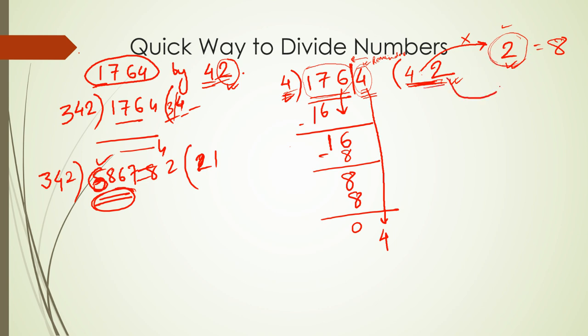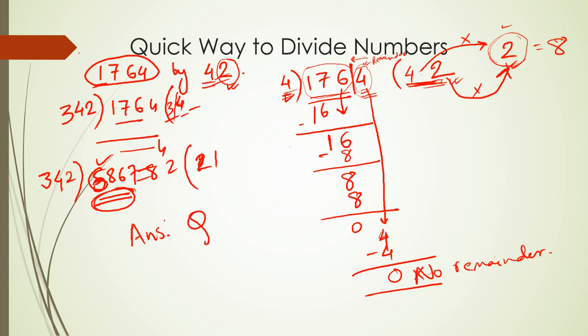This time we have to multiply 2 with 2. 2 times 2 is 4, and as I said, we have to subtract this from the number we get. So 4 minus 4 is 0. This means there is no remainder. So the answer is quotient 42, remainder 0. I hope this is clear to you.